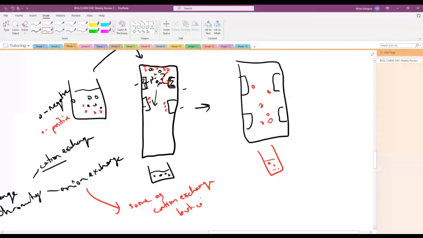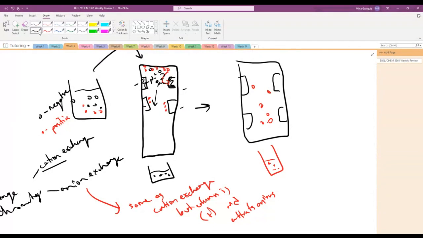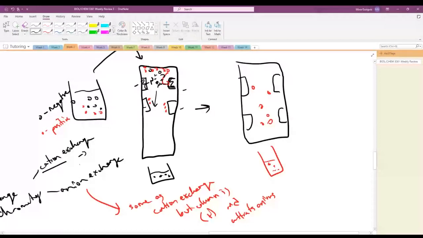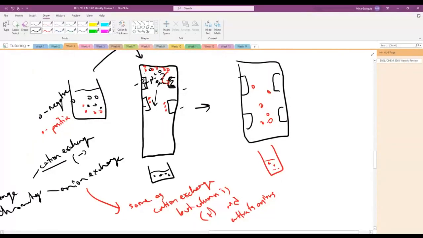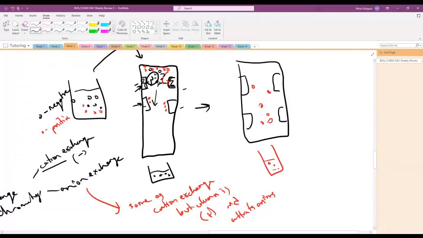The reason that the cation exchange has a negatively charged column is because the negatively charged bits on the end are not what we're exchanging. We're exchanging this positive sodium with this positive red impurity. These are the things being exchanged, and that's why it's a cation exchanger.